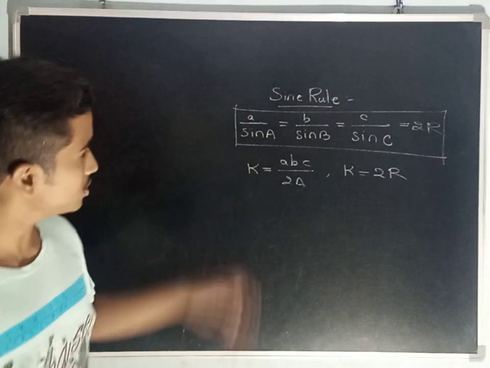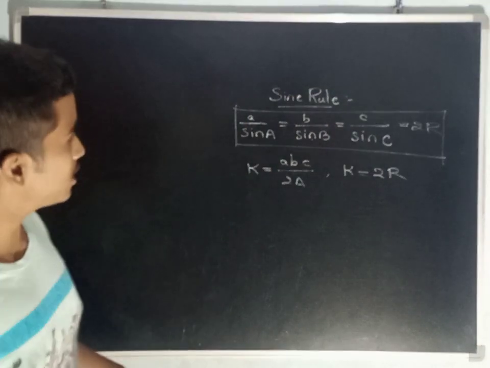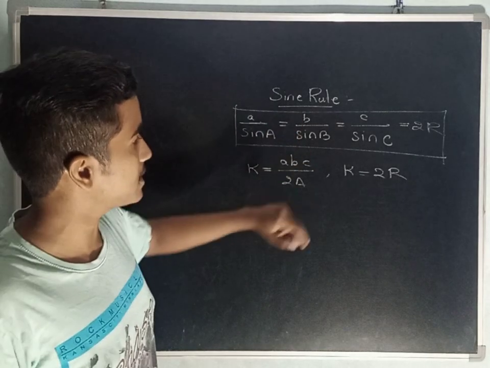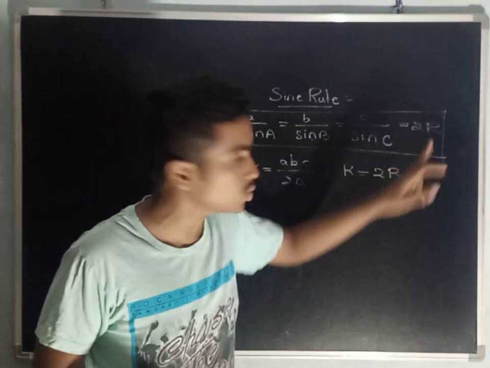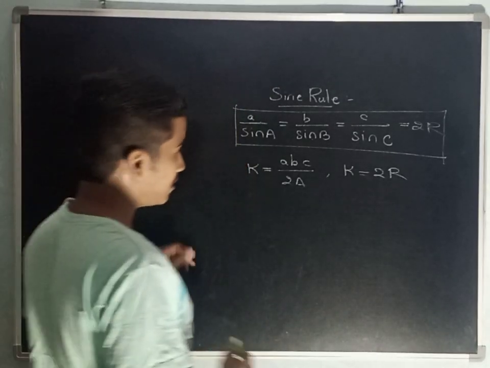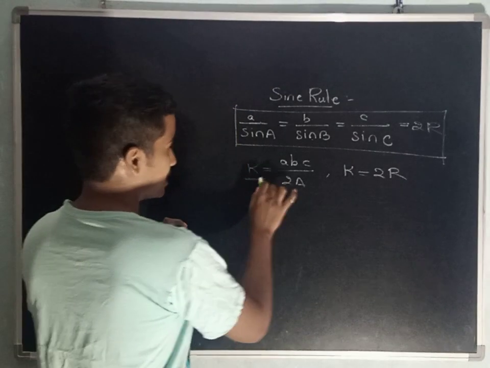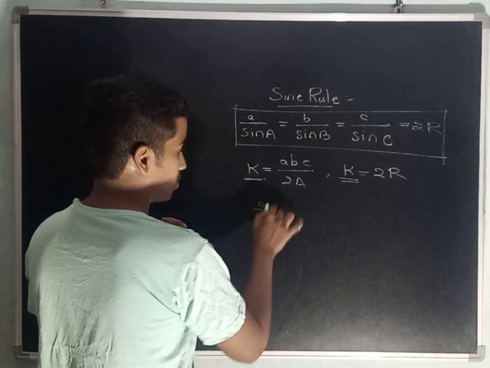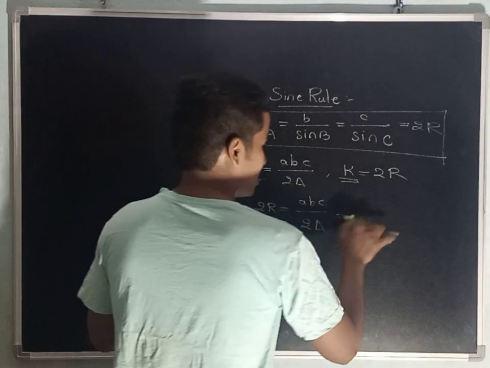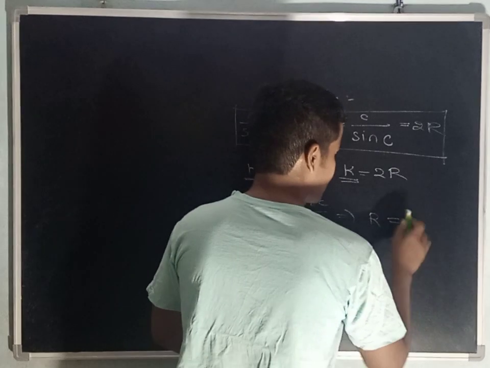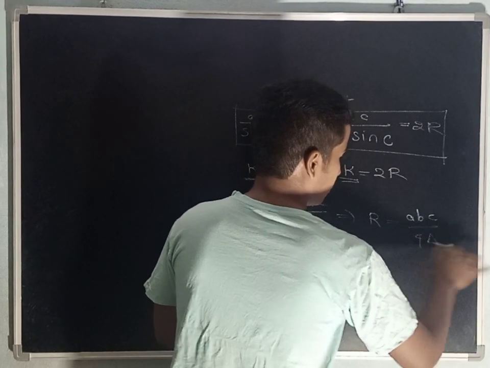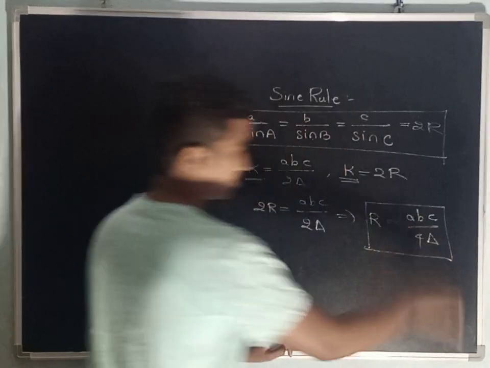From today's video, we are going to use the sine rule like this instead of using k. And as both are k values, 2R is equal to abc by 2 delta. So the radius of the circumcircle is going to be abc by 4 delta.